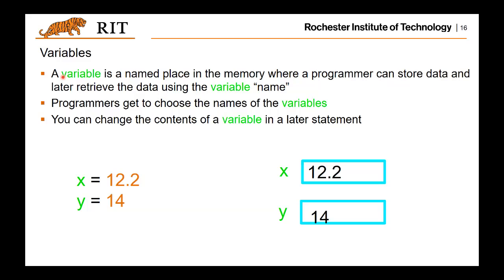And again, you can change the value stored in that variable in a later statement, which is very convenient, especially when you are talking about some iterative process in a repeated program. You want to change the value in each step, and definitely a variable would help. All right.